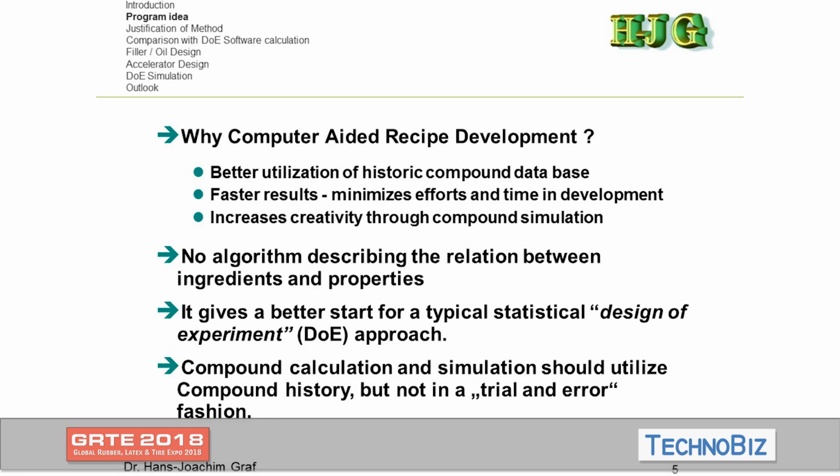So what I wanted to do is utilization of this historic compound database, then minimize efforts and time in development, so that I can play around by simulation and then do some sort of minimized experiments, that is, confirmation experiments of what I could calculate, and I wanted to be playful with my database.